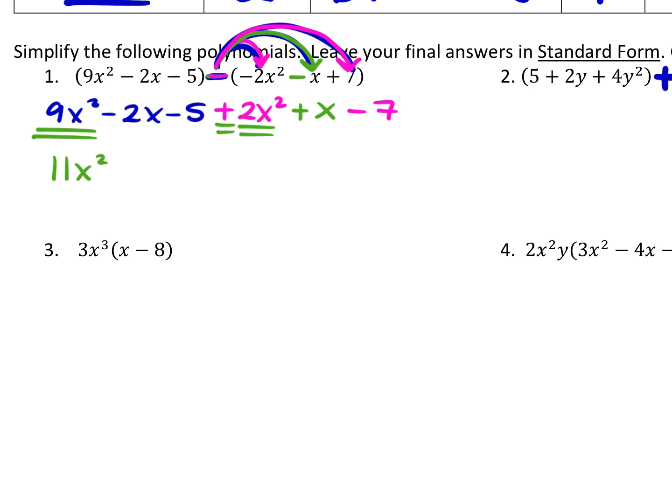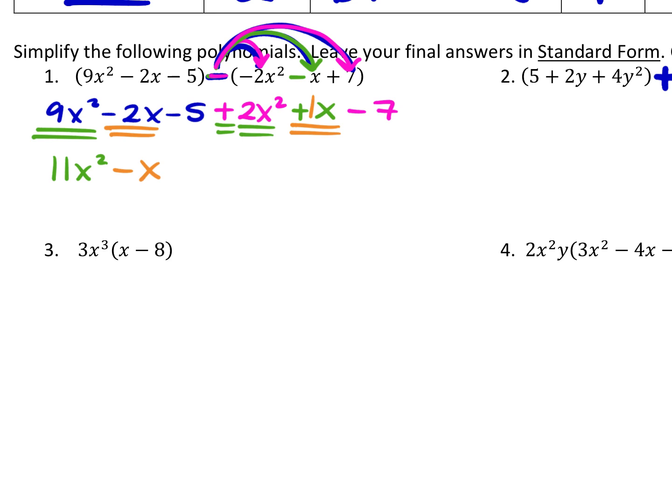Let's see. John, what would you do next? Negative 2x plus x. Plus x is how many x's? 1. Okay, so if you want to put a 1 in there to help you visualize it, that's fine. What is negative 2x plus x? Minus x, minus 1x.